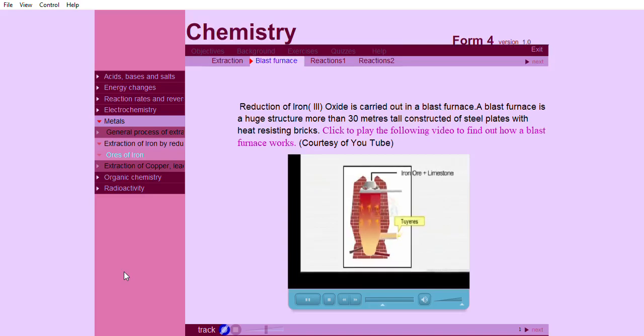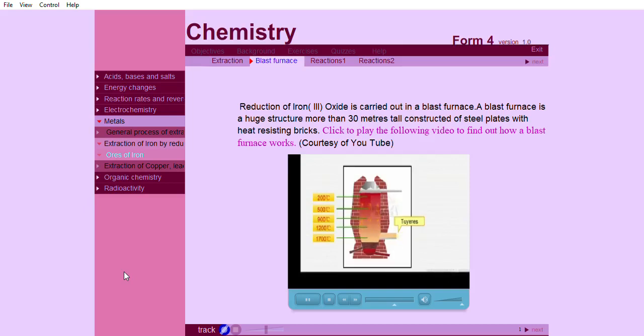Air which has been heated to about 1000 degrees Celsius is blown into the bottommost part of the furnace from small openings called tuyeres. This hot air blast burns the coke and also maintains the high temperature needed to reduce the ore to iron, which sinks to the bottom of the furnace.